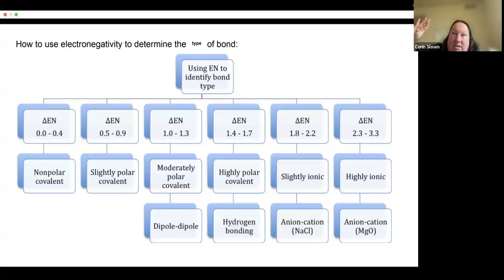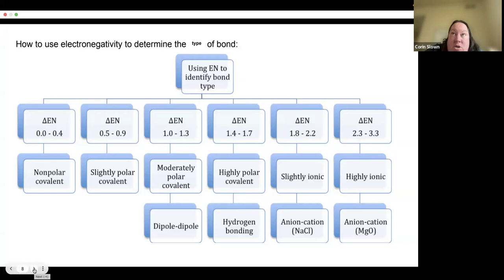You can imagine, say, the pKa of an amino acid that allows it to interact as a negatively charged anion versus the pKa of an amino acid that allows it to interact as a positively charged cation at a given pH. But these two are a space where electronegativity is a little bit more malleable. And so the behavior of what makes something a dipole-dipole interaction versus a hydrogen bond is an important distinction.